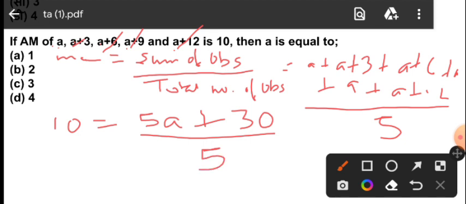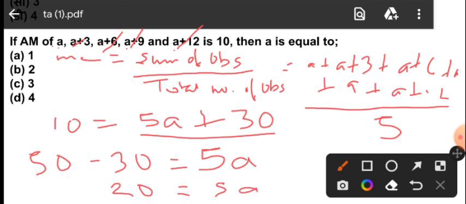When we cross multiply it, it will become 50 minus 30 is equal to 5a, right? So it will become 20 is equal to 5a. So 5 times 4 is 20, so a is equal to 4. So the right answer is 4, option D. Let's move to the next question.